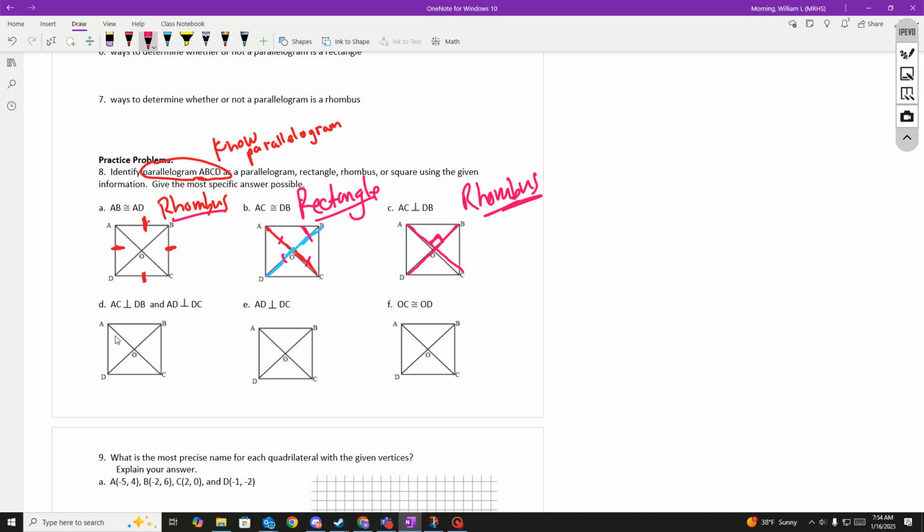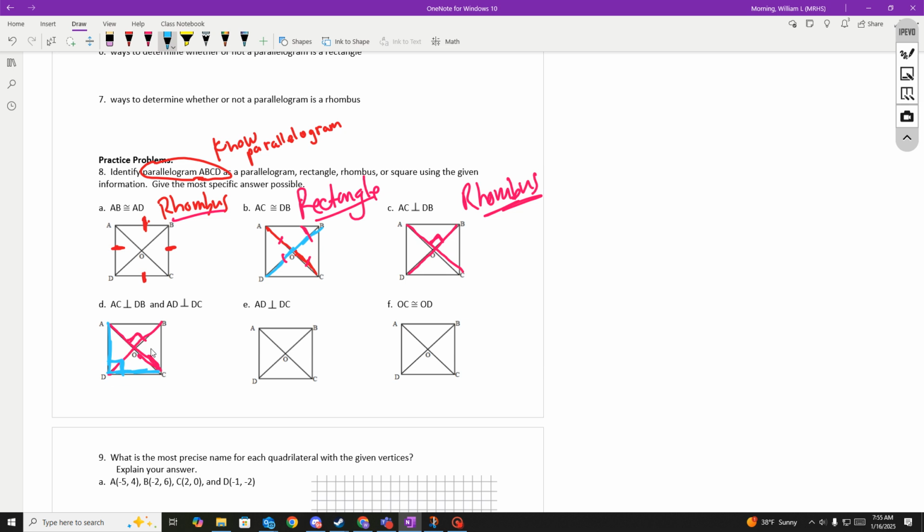Let's see, AC and DB are perpendicular. So that's a rhombus, but we have more information. We have AD and DC perpendicular, which means the sides create a right angle, and that's a rectangle.